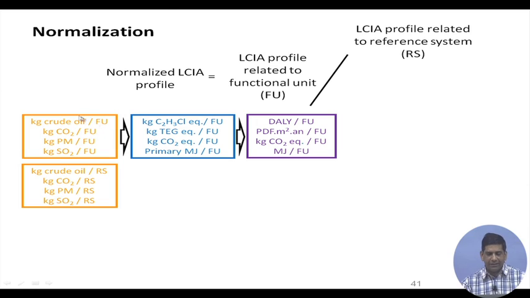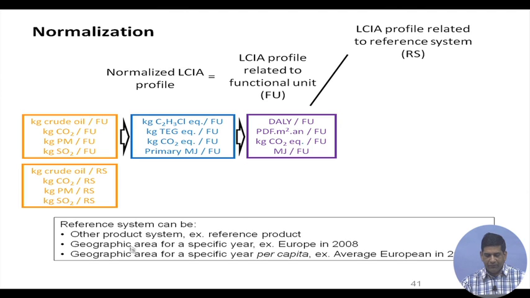So kg of crude oil per functional unit, these different categories per functional unit, or their impact in terms of the emissions per functional unit. Then we look at the other product system, the reference product, the geographic area for a specific year, for example Europe in say 2016 or 2008, and per capita average European emissions.